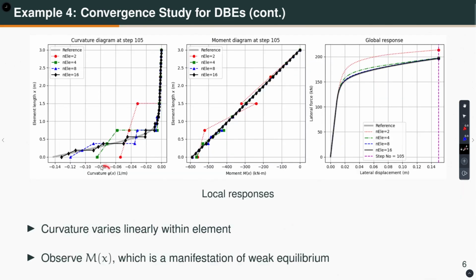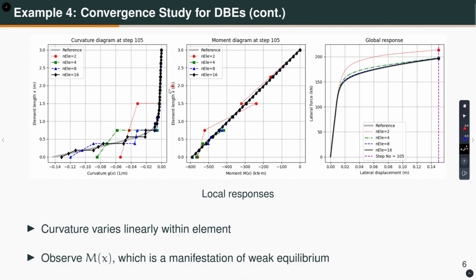Again, I am looking at the curvature at the integration points along the length of each element, and now my number of elements are varying. I have 2, 4, 8 and 16, and I am plotting them along the length for curvature as well as for bending moment at the integration points, or Gauss points, or the cross section. They all mean the same thing.